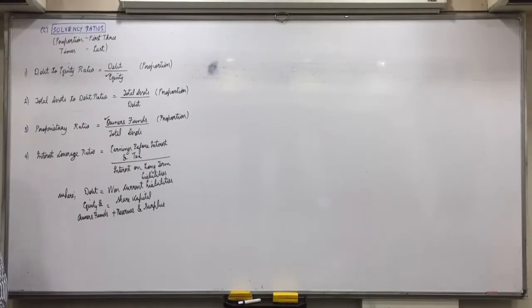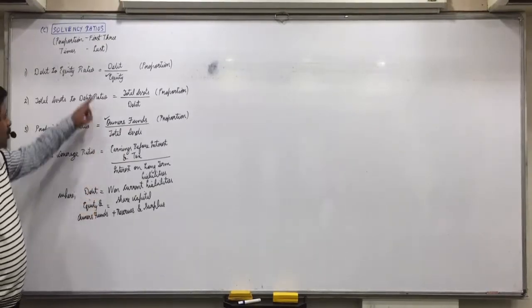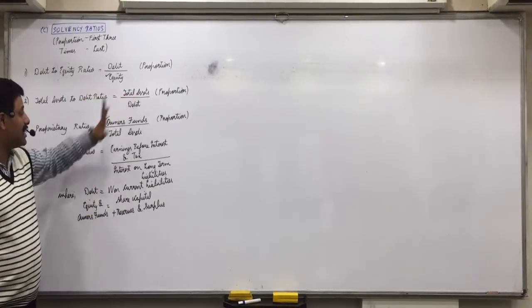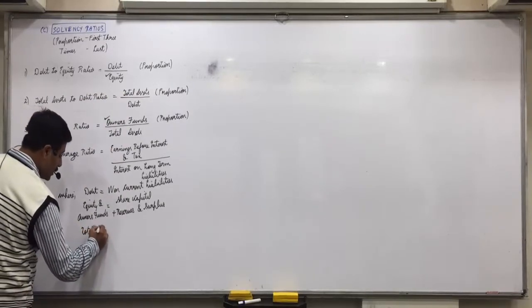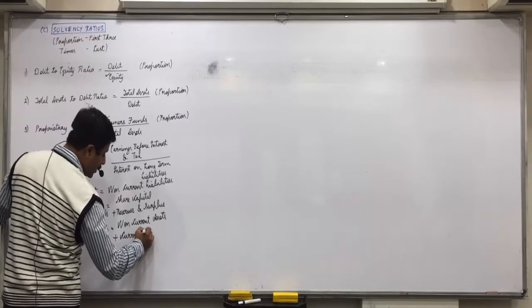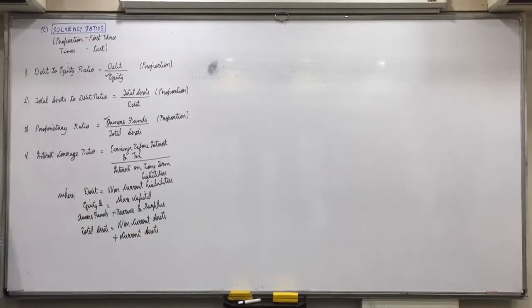Is everyone clear with it? So debt is done, equity is done. Assets will include non-current assets plus current assets. Understood this everyone? Anyone having any doubt with any of these four formulas?